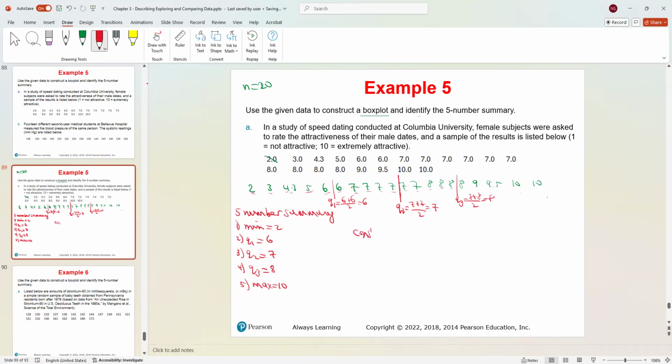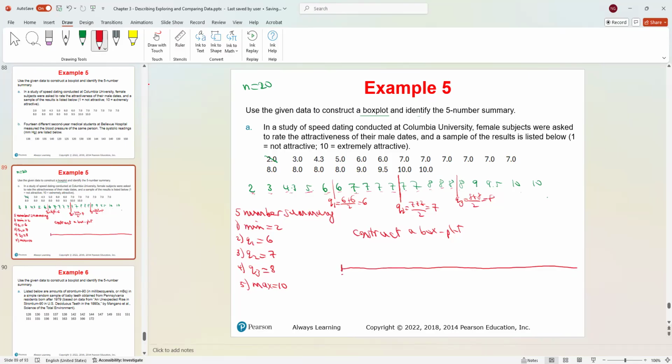So construct a box plot. Box and whisker plot. The first thing is to construct a line. A very straight line, of course, hopefully. I can do a very straight line. From that line, I would put 2 to 10, because that's the largest number we have, 2 to 10.